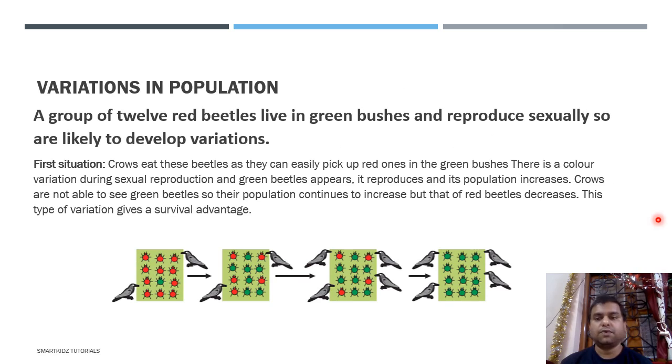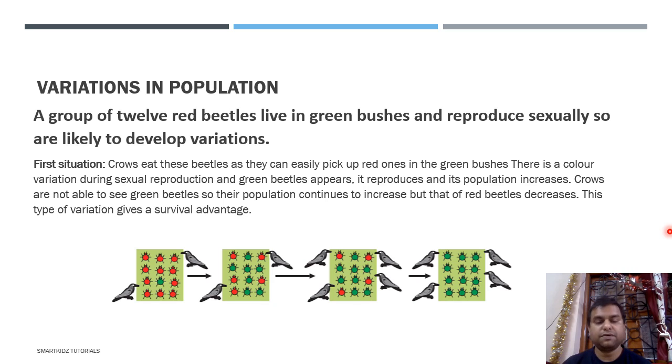Now, to understand variation in a population, we'll take the example of the beetles mentioned in your textbook, and this is a very good example to understand how variation in a population influences evolution.